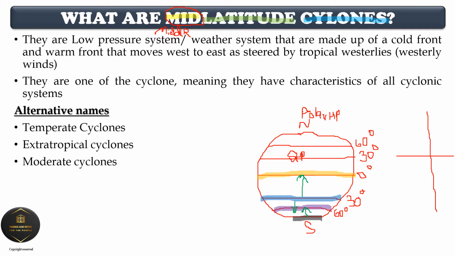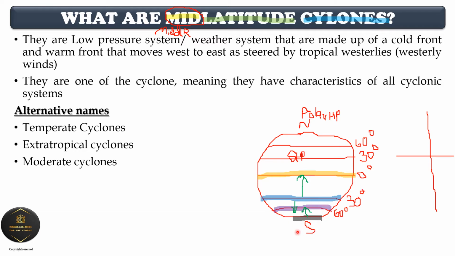Now, how is that connected to the name itself? Now we are looking at mid-latitude cyclones, and we've already identified our lines of latitude in terms of climatology, right? So these are the lines we have. We have the equator, the subtropical high pressure, the subpolar low pressure, and the polar high pressure.